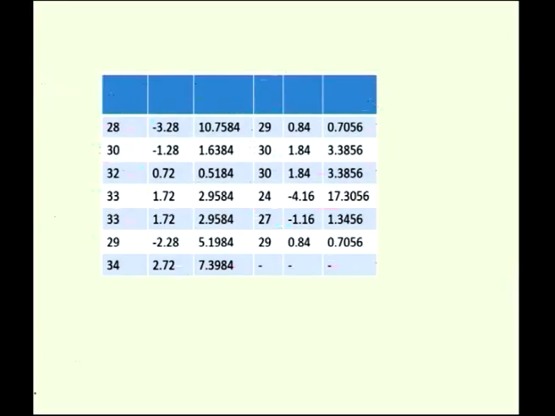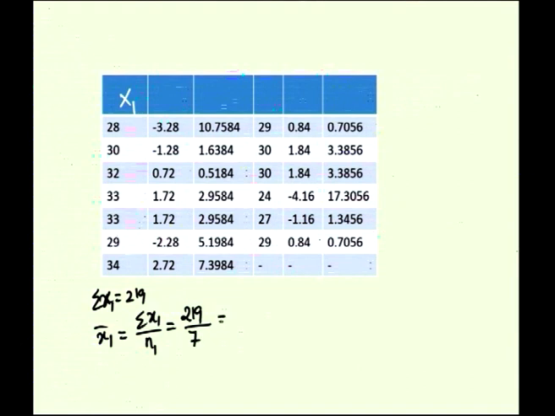Okay. So, these are x1 values, x1. So, summation x1 stands for adding these values, summation x1 is equal to 219. So, x1 bar is summation x1 by n1, and 219 by how many values are there? 7 values. So, 219 by 7, which is equal to 31.28.